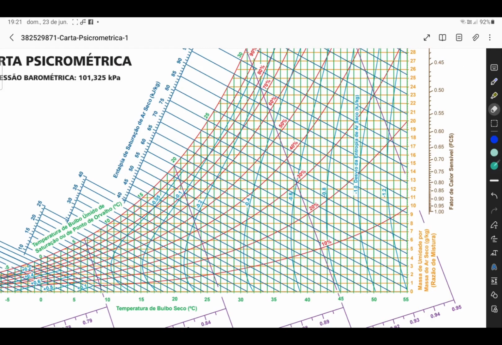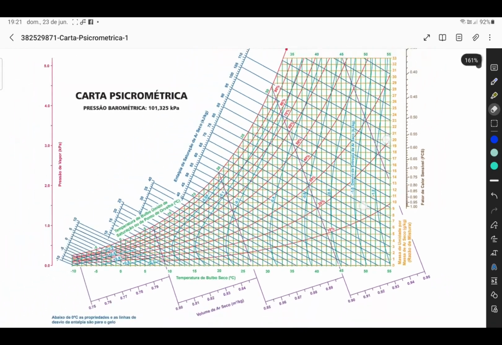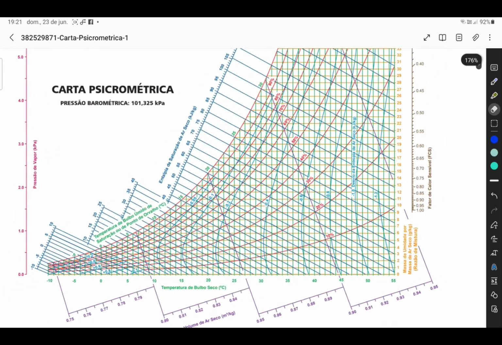Enthalpy refers to the internal energy of the air, and it is one of the most important points on the psychrometric chart, because it is what will inform the amount of energy that I will spend to take the air from one state to another. And basically these are the points present in the psychrometric chart.